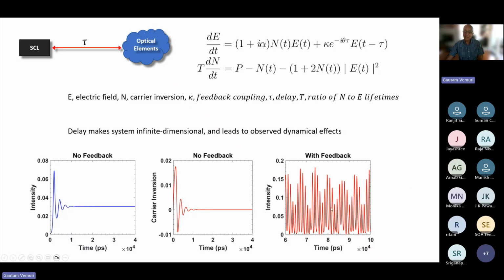In fact, if one does a time series analysis, one finds that this is indeed chaotic. So one of the things that feedback can do is it can produce a whole host of nonlinear dynamical events in a laser. And here I'm just showing you a special case, just to make the point that time delay can produce some unusual behaviors.